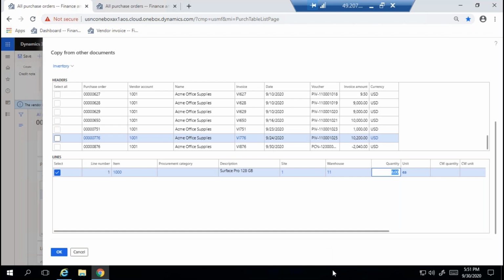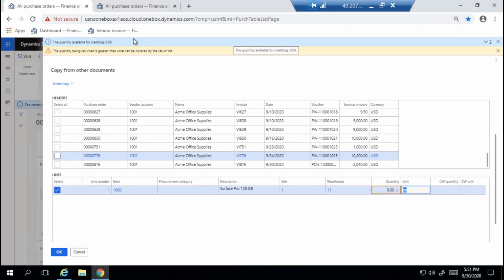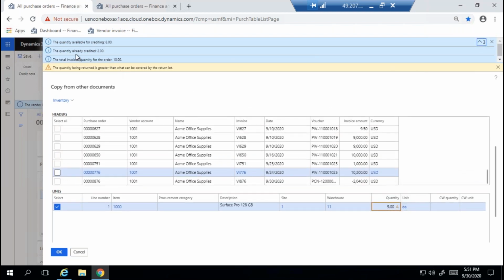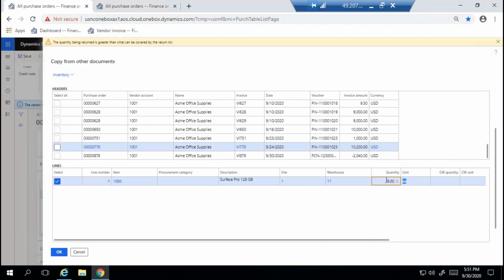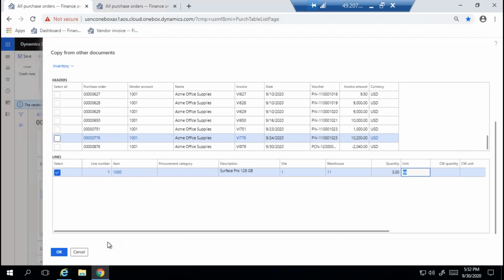How can you return 12 quantity back? 2 quantity already returned. That is the reason it allows up to 8. If you try to make it 9, it will throw an error message. Understood the logic? So you can return whatever quantity. Click OK.